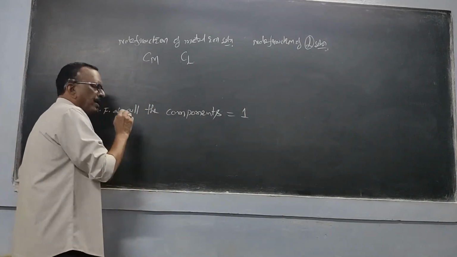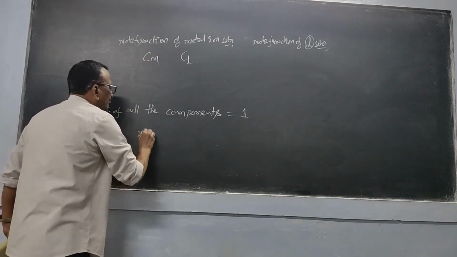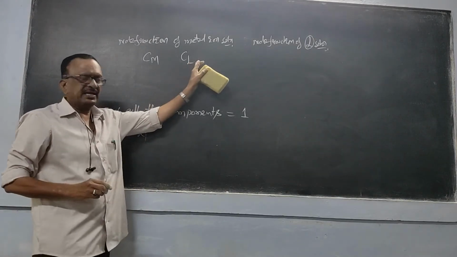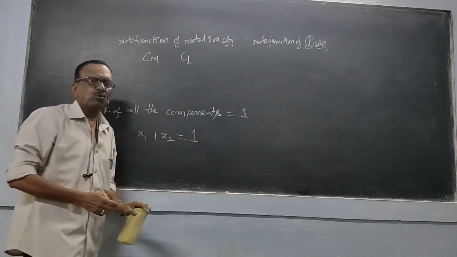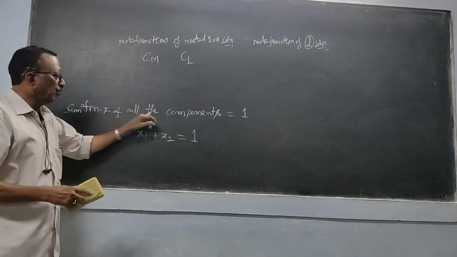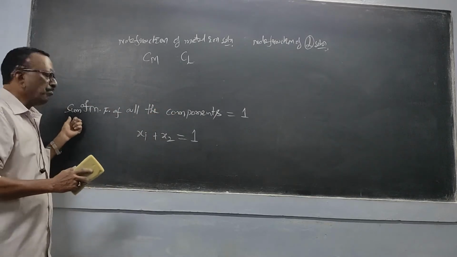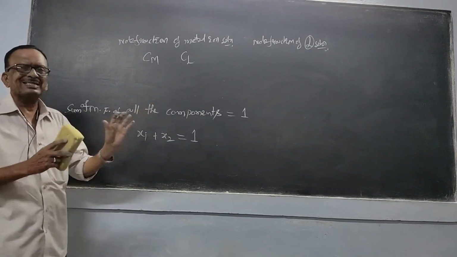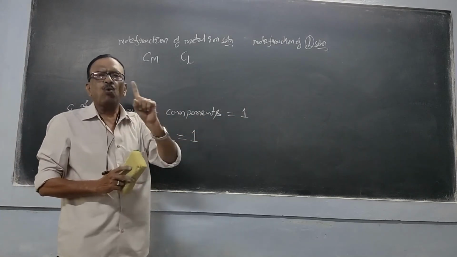So here we have the metal ion solution whose mole fraction is, say, X1, and the mole fraction of the ligand solution, let us consider, is X2. So X1 plus X2 will be equal to 1. This is the rule. Even if a larger number of components are present in a mixture, the sum of the mole fractions of all the components present in that mixture, when added, is equal to 1.